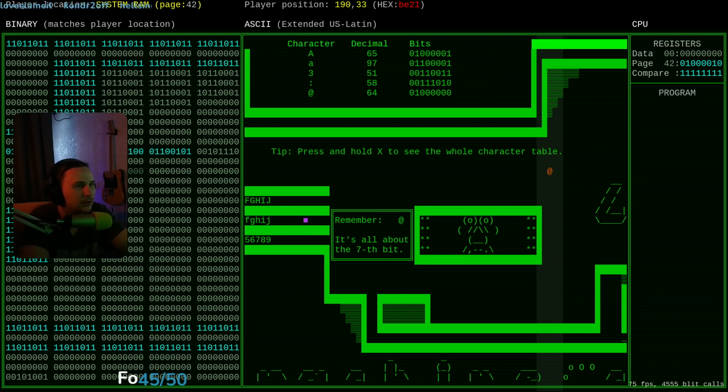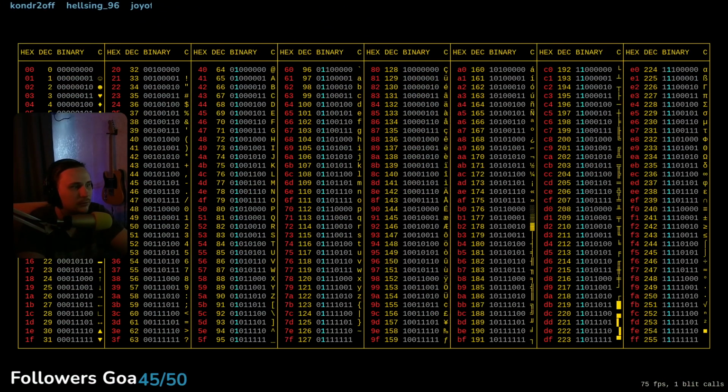Press and hold X to see the whole character table. There are not so many of them.